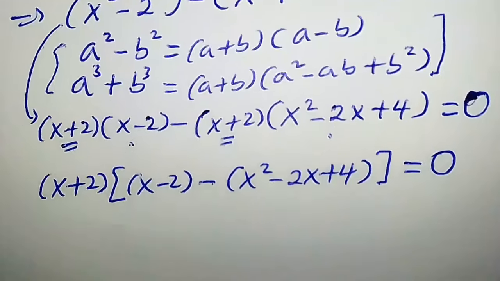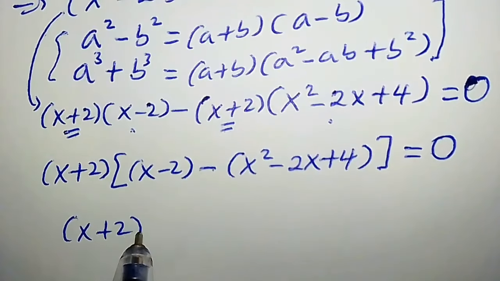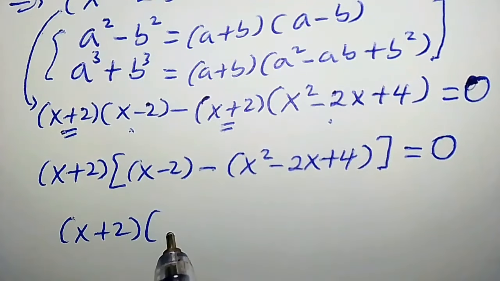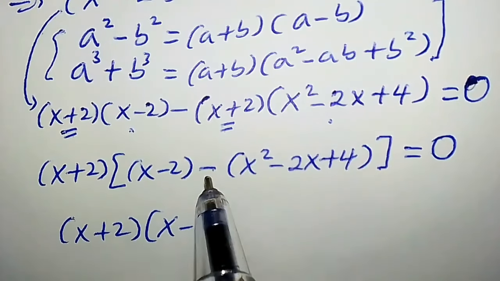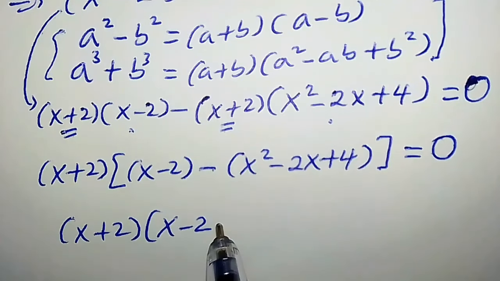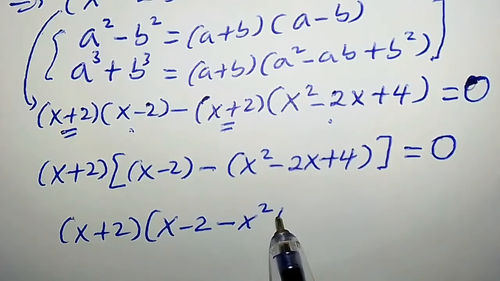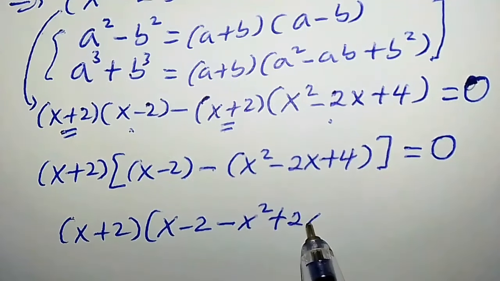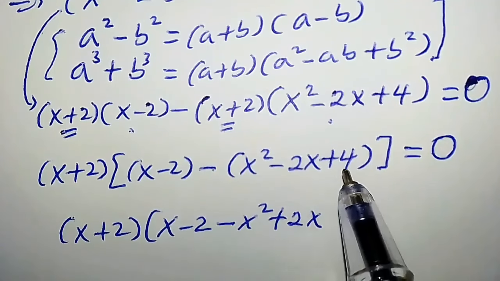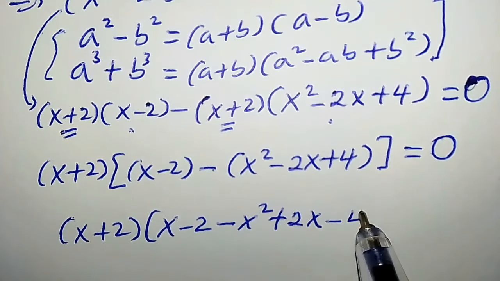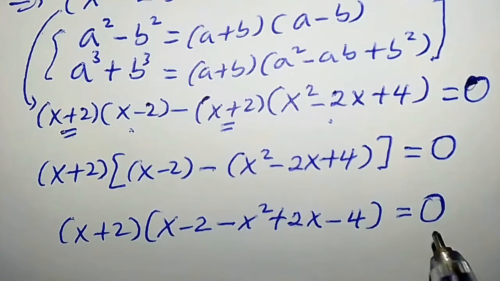Let's continue. x plus 2 times, let me just drop these brackets. So that will be x minus 2, minus times x squared, that is minus x squared, minus times minus, we have plus 2x, minus times plus 4, that is negative 4. This equal to 0.